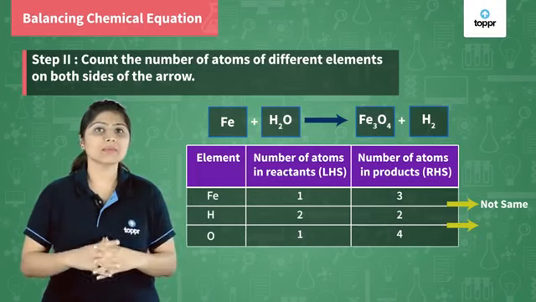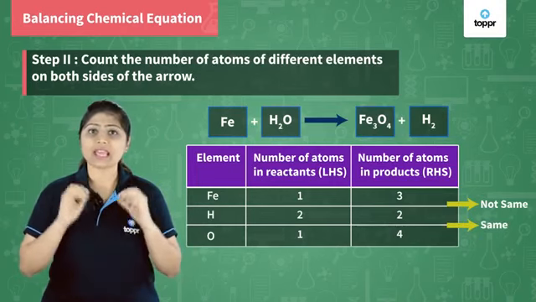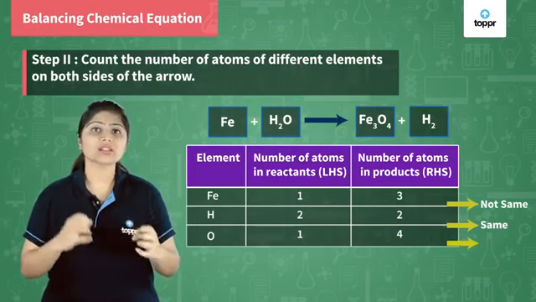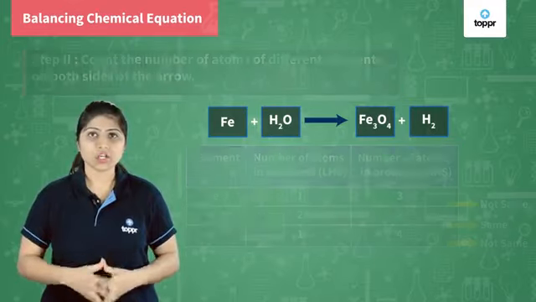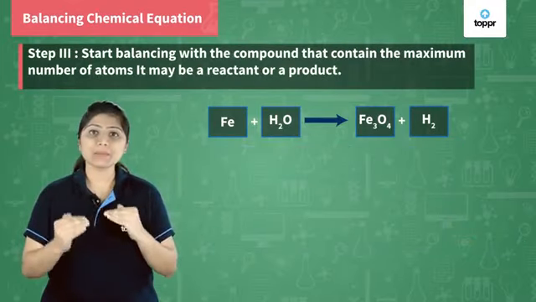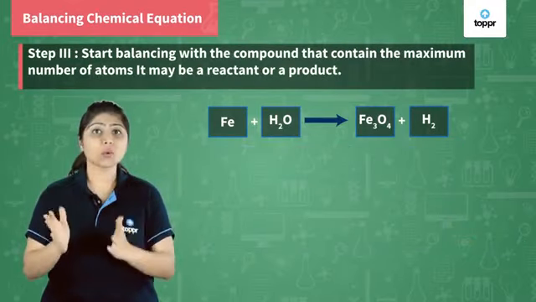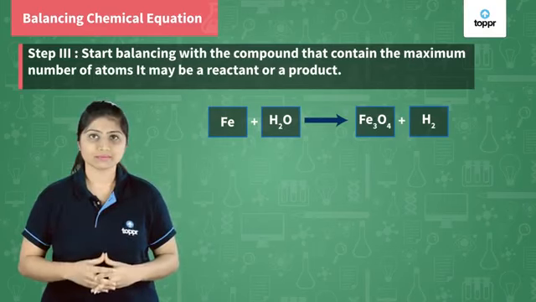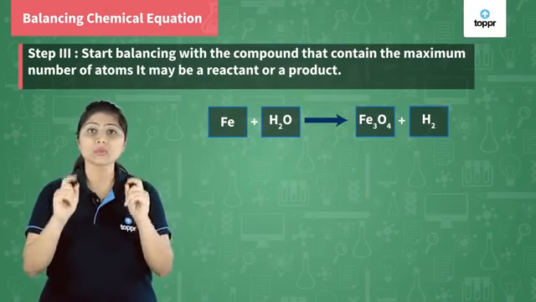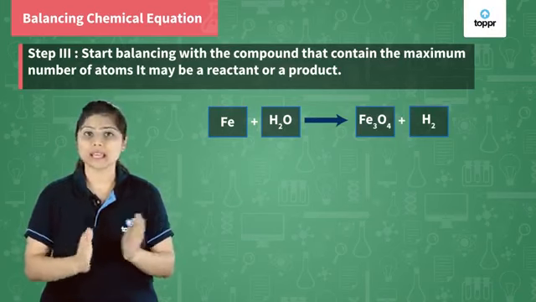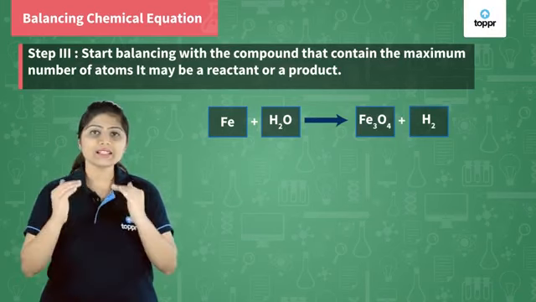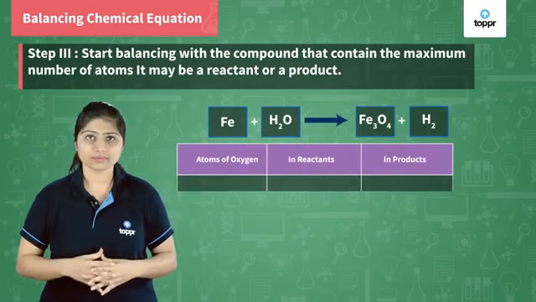Now from this table, you can identify the element which has the most number of atoms. It is oxygen. So in the third step, we will start balancing the element which has the most number of atoms. While balancing, you have to remember that balancing only includes multiplication. Let us try balancing oxygen now.